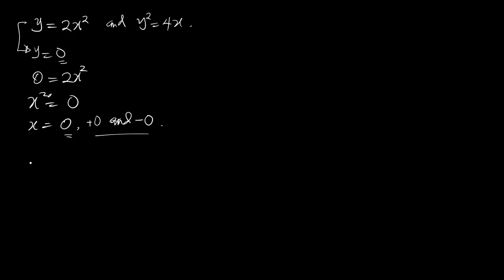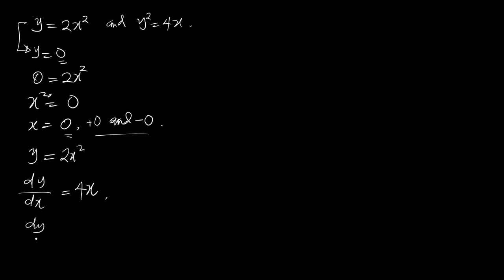Now let's look at the place where you have a stationary point, or where you have the maximum or the minimum point. Now let's differentiate this equation. This is y equal to 2x squared. So the differential, dy over dx, is equal to 4x.